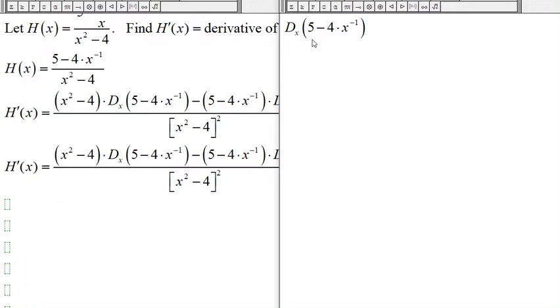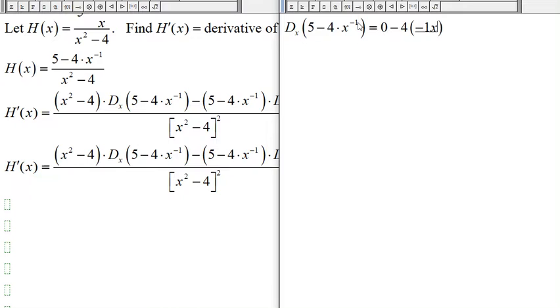So we need the derivative of 5 minus 4x to the negative 1. The derivative of the constant 5 is 0, and then we get minus 4. So this is minus 4 times the derivative of x to the negative 1. And here we just use the power rule, and it's going to be negative 1 times. So remember the power rule, you put the negative 1 in front of the x, and then subtract 1 from the exponent.